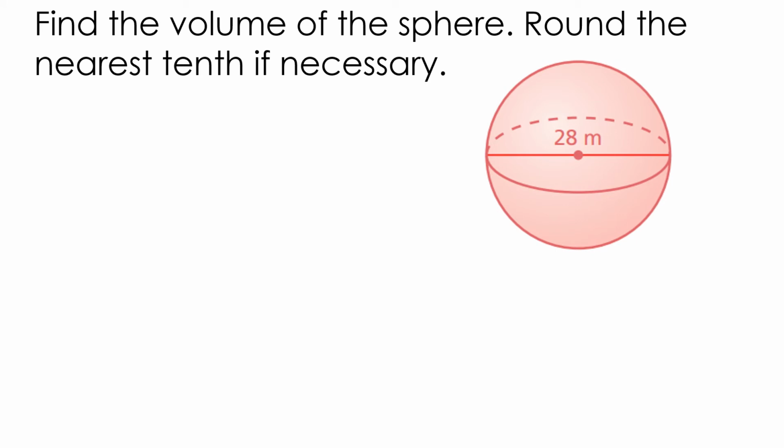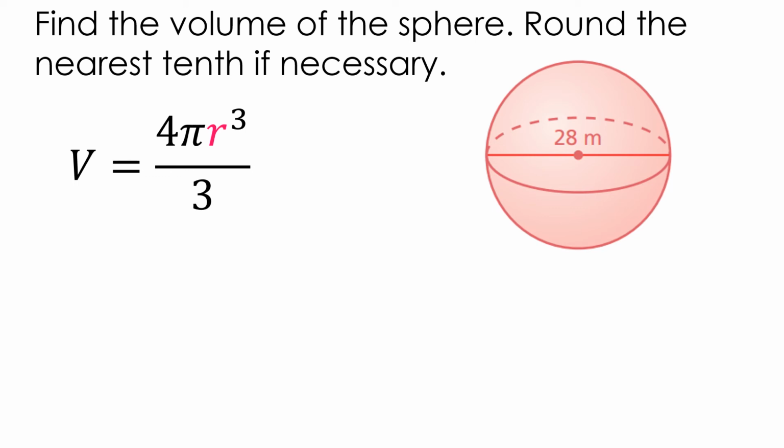Find the volume of the sphere, round to the nearest tenth if necessary. Again, the volume of a sphere is 4 times pi times the radius to the third power, all divided by 3. When we look at this diagram, hopefully you're starting to get really good at recognizing when they give you the diameter versus the radius. 28 meters represents the diameter, and we don't want that.